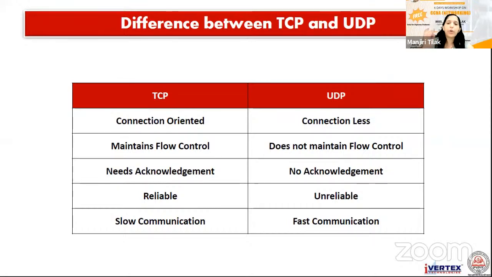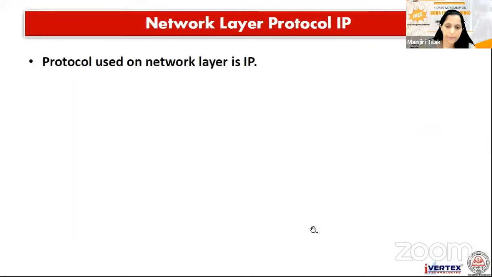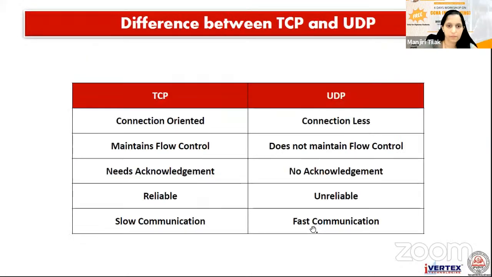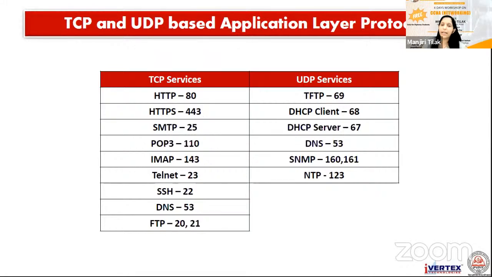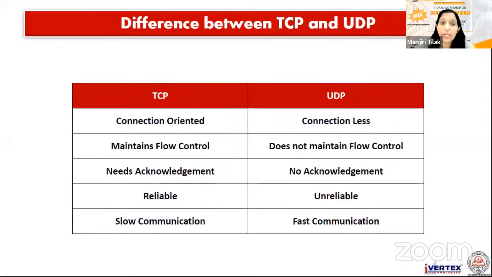But whenever you are going to access any static data, that application can be TCP based. So that's why, if you see here, HTTP, HTTPS, all these are TCP based services. So these are reliable communication. Whenever we are accessing anything using HTTP, we are accessing content which is already present on a web server or in a database.